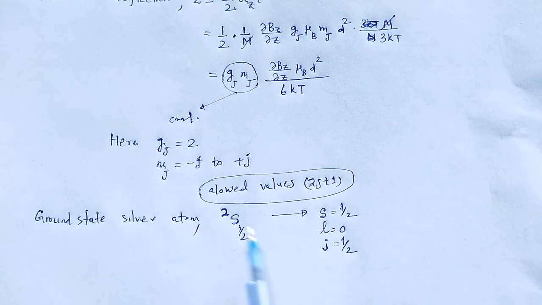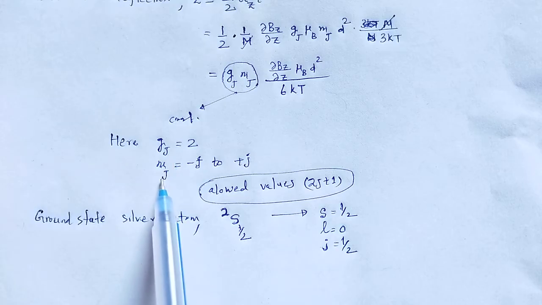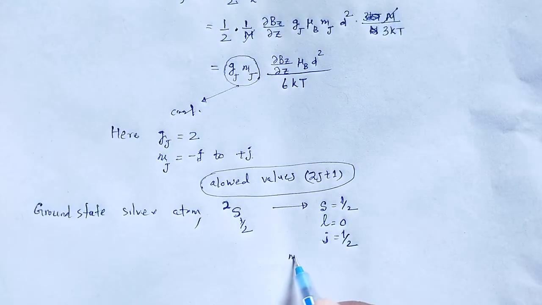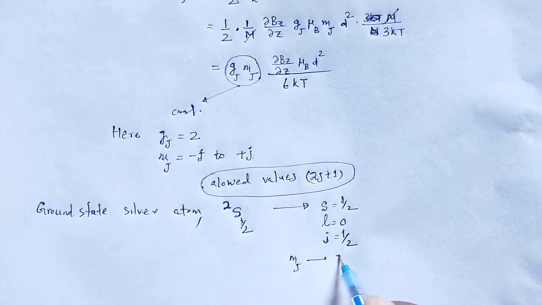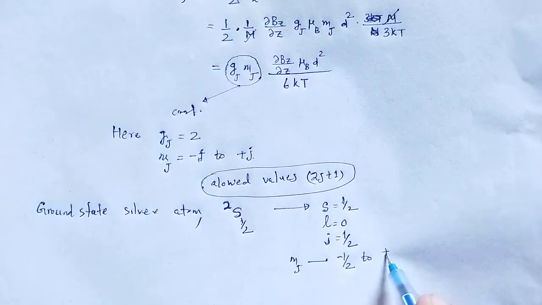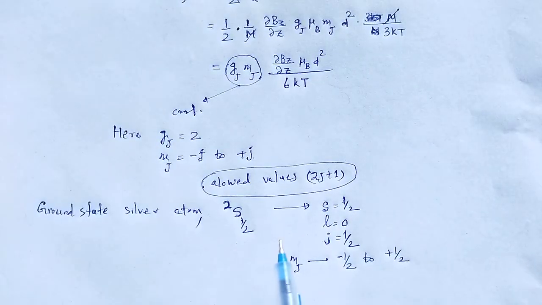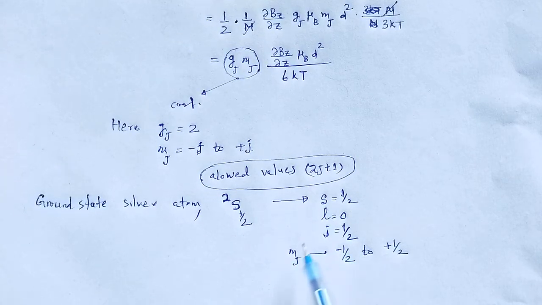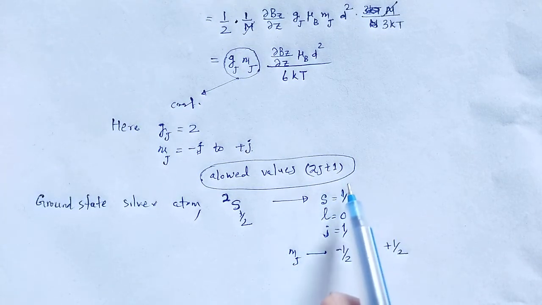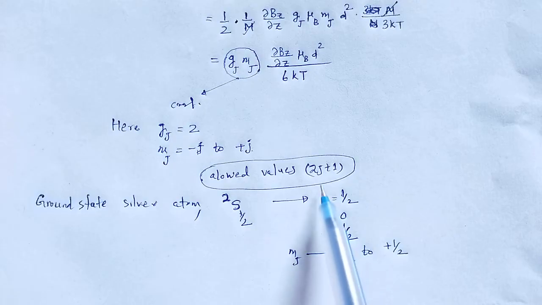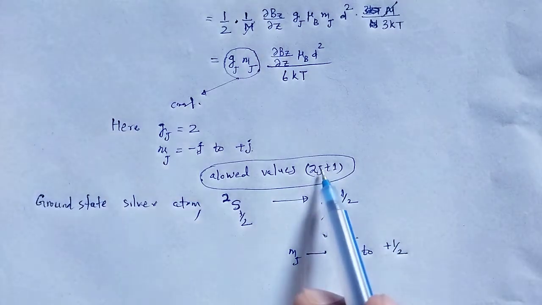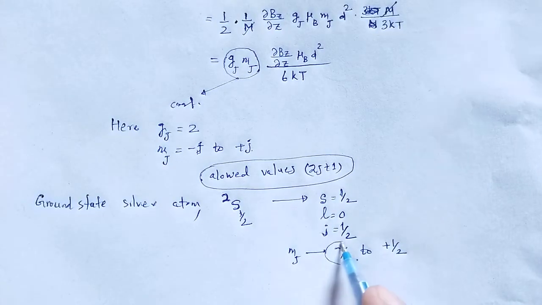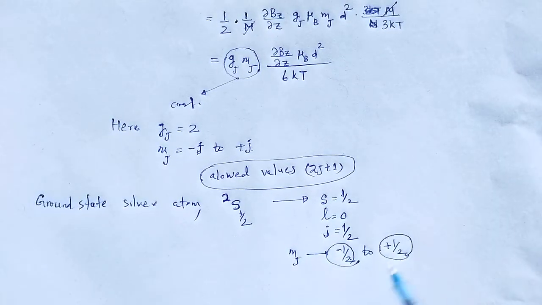So mj allowed values are minus j to plus j, so mj varies from minus half to plus half, and the allowed values are 2j plus 1, that is 2 into half plus 1, that is 2 values, one is minus half and another one is plus half.